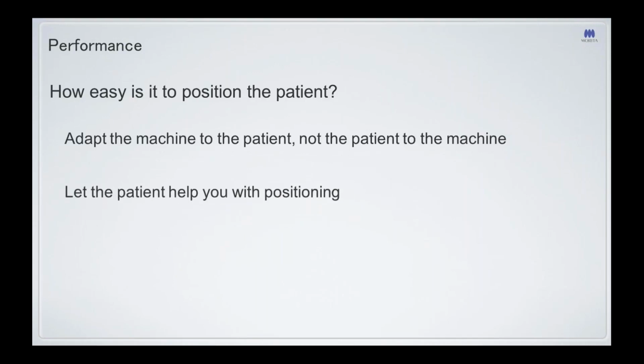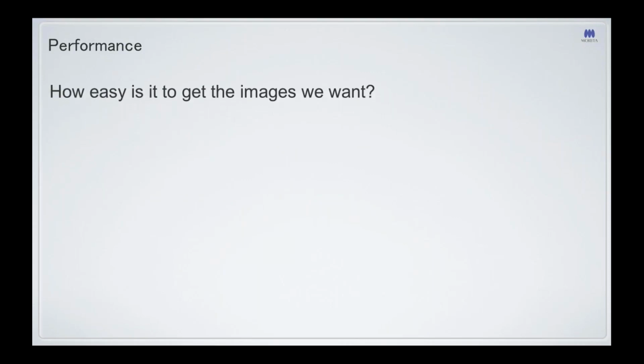And in some cases, if you can have them help you with positioning, all the better. If they can, for example, see the lines on their face, that can help orient them and make your positioning that much easier, because the patient themselves can see whether they're off center or not.